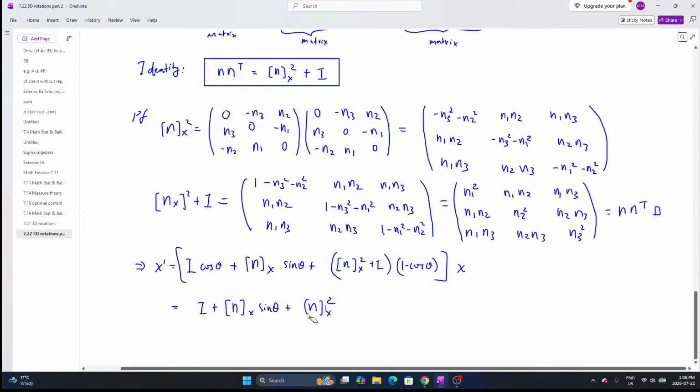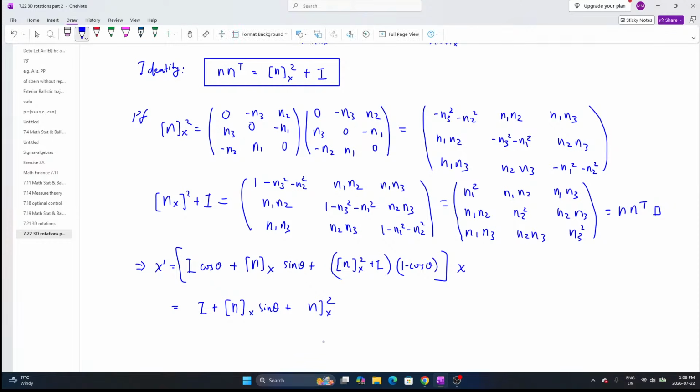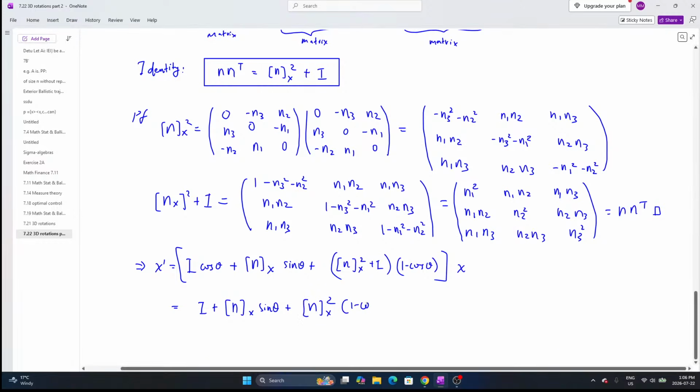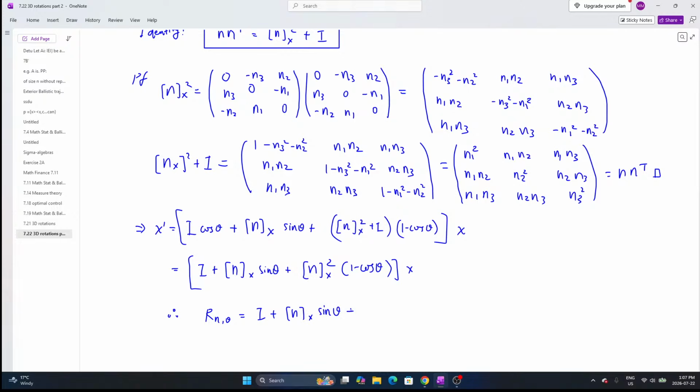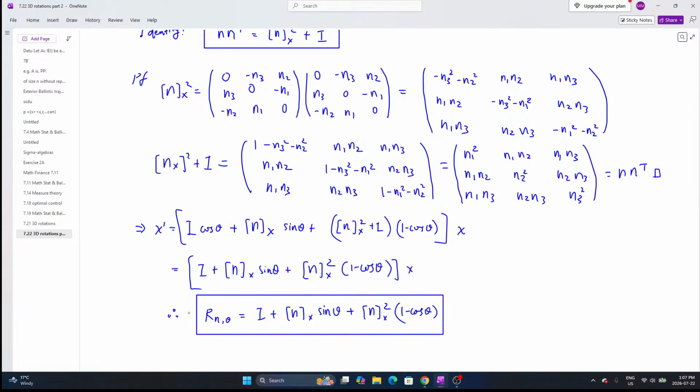So here, n cross product matrix squared times 1 minus cosine theta times x. So therefore, finally, we have the rotation matrix formula. R n theta is just identity plus the cross product matrix sine theta, and then plus the cross product matrix squared times 1 minus cosine theta. So that's the second formula, which is of course completely equivalent to the Rodrigues formula, right? This is just the Rodrigues formula in matrix form.